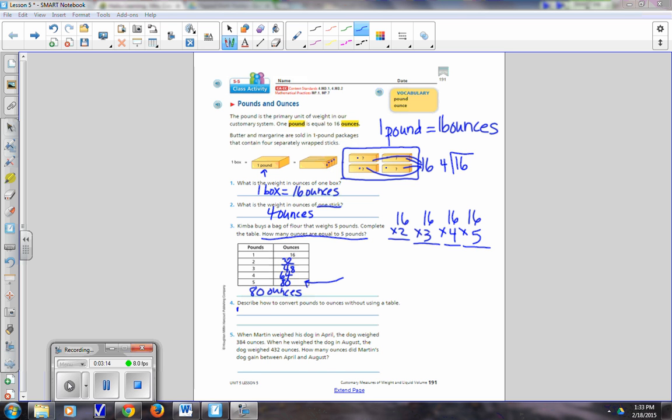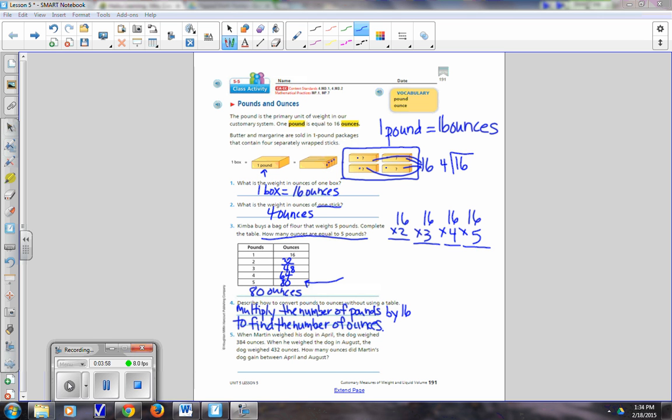We multiply the number of pounds by 16 to find the number of ounces. Pretty straightforward, because we know that 16 ounces represents 1 pound.